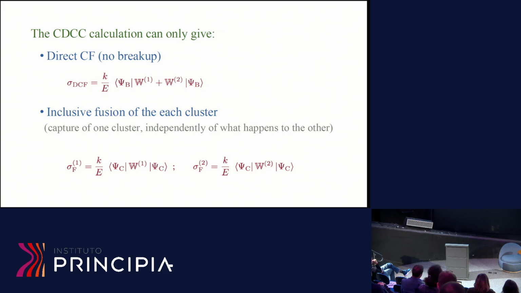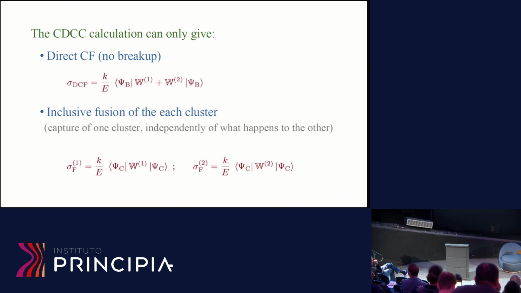On the other hand, incomplete fusion cross-section is not these quantities that are calculated here, because these are inclusive cross-sections, namely the cross-section 1 is the cross-section for absorption of fragment 1 independently of what happens to fragment 2. That means it includes incomplete fusion of fragment 1 and also sequential complete fusion. And the same goes for the absorption of the other fragment.